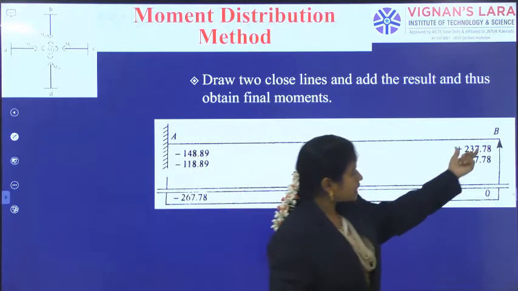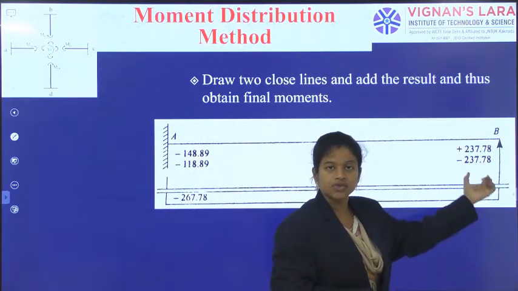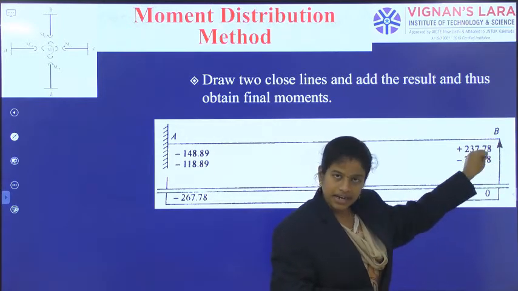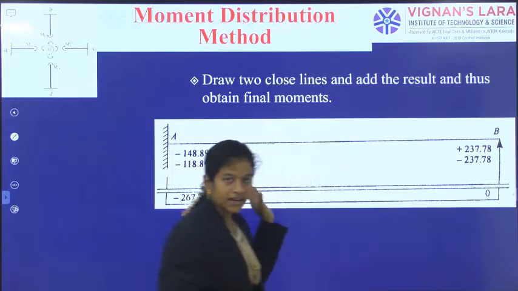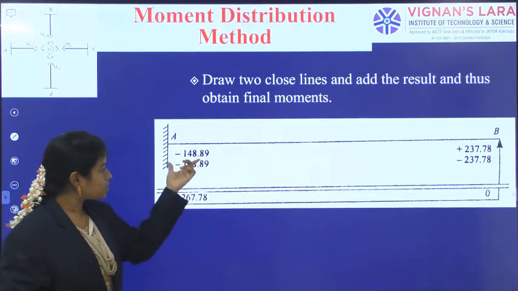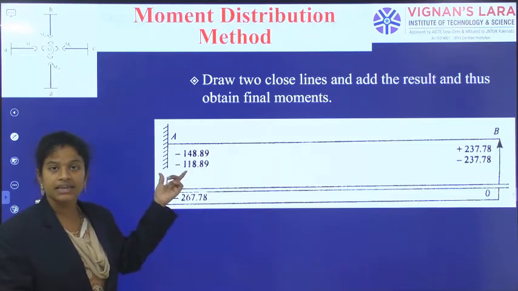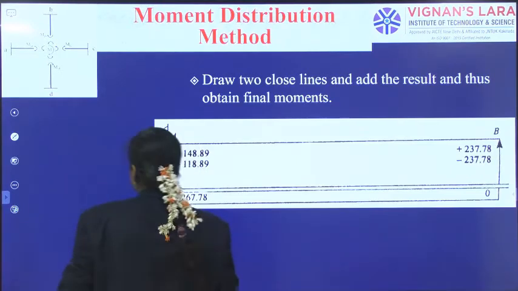Here you can observe a vertical value. So, summing up these two as it is, plus 237.78 minus 237.78 addition will give 0. And then on the left side we are having some values: minus 148.89 minus 118.89, which came as a carryover moment.